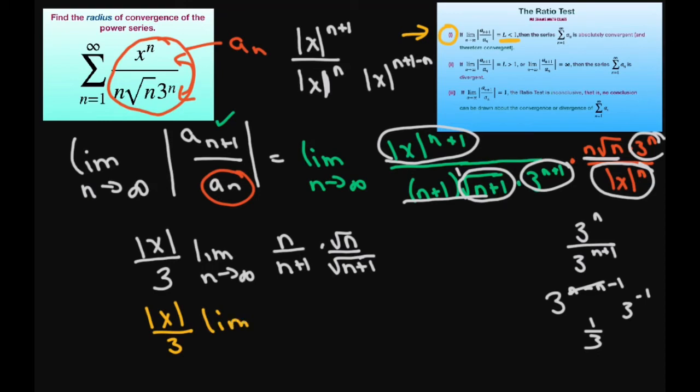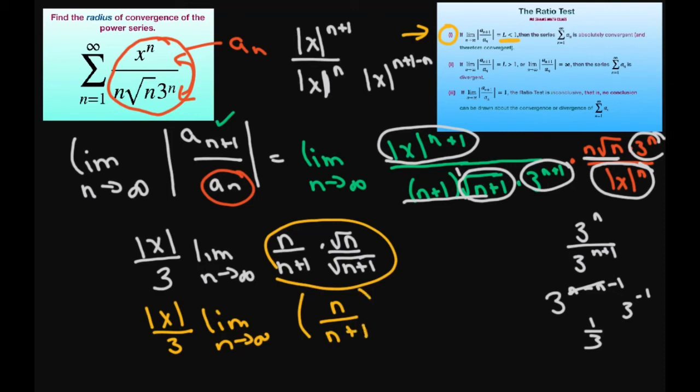Take the limit as n approaches infinity. And this part right here is going to be n divided by n plus 1 to the power of 3/2, because basically what you have is n to the first power times n to the 1/2 power.